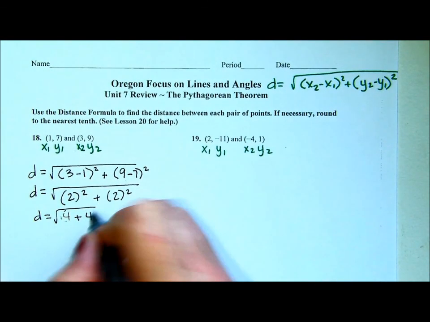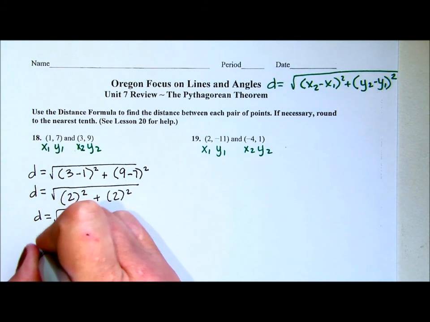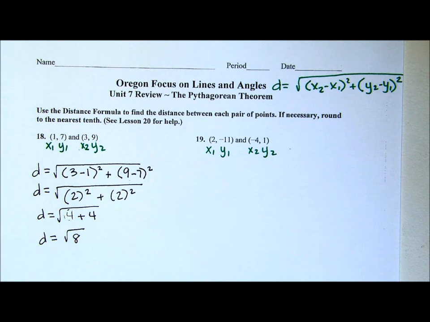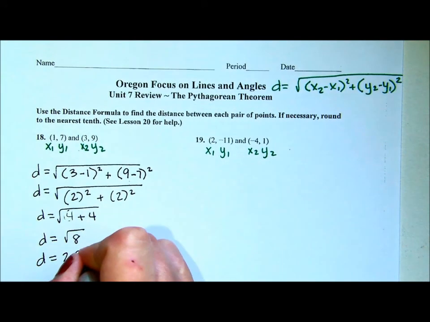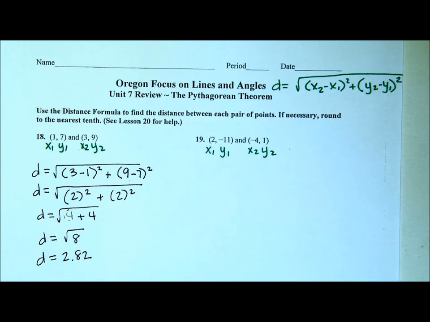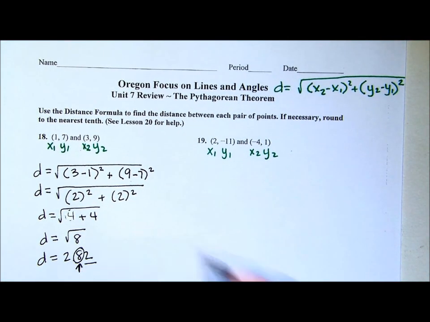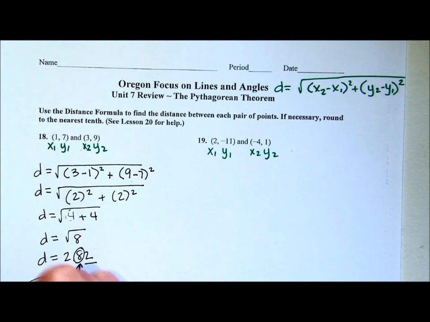Now, 4 plus 4 happens to be 8, so d equals the square root of 8, and the square root of 8 is 2.82. Now, once again, we need to round here. The 2 is going to cause my 8 to stay exactly the same. So my d is equal to 2.8, or the distance is equal to 2.8.